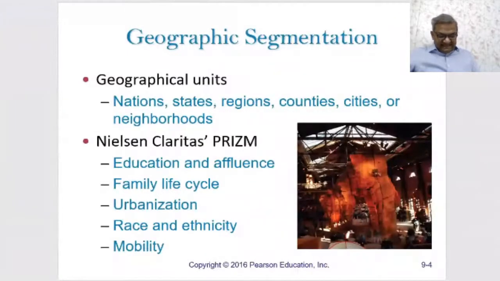Now, this exactly is a type of segmentation on the basis of which we can segment. On the basis of geographic segmentation, this sort of mechanism is used, called Nielsen's Claritas Prism, which is used for segmenting.